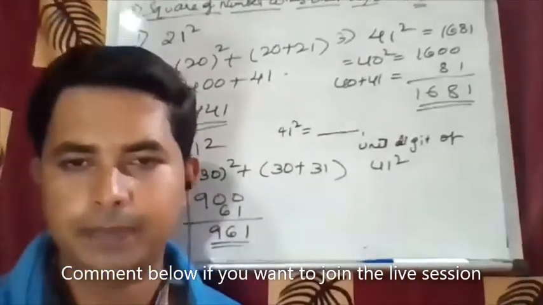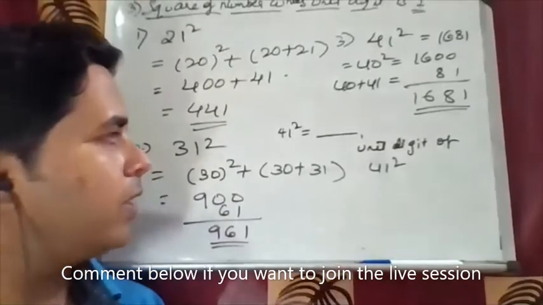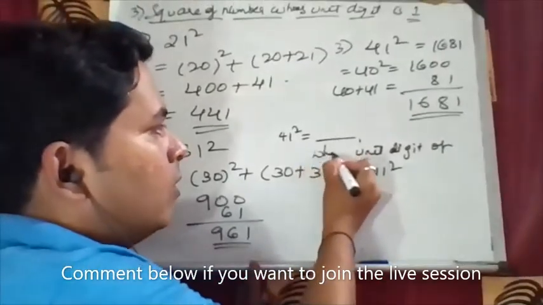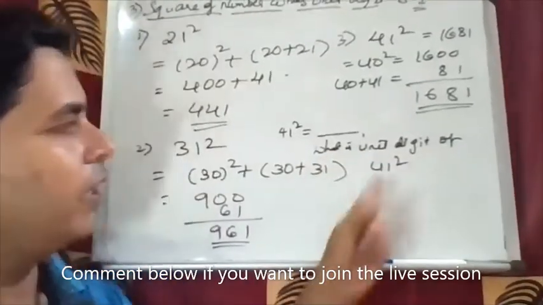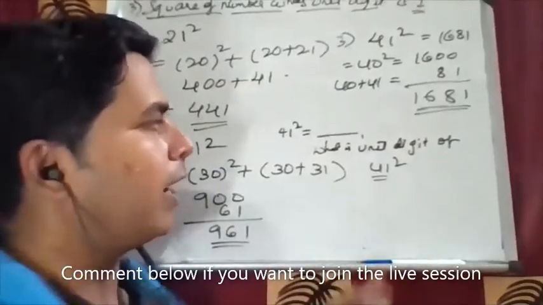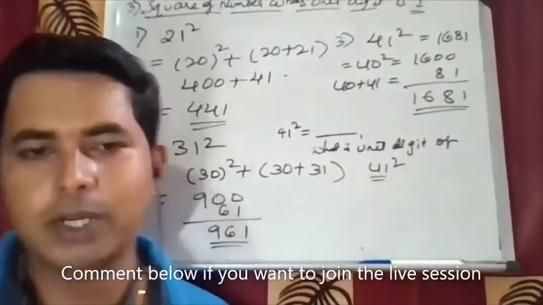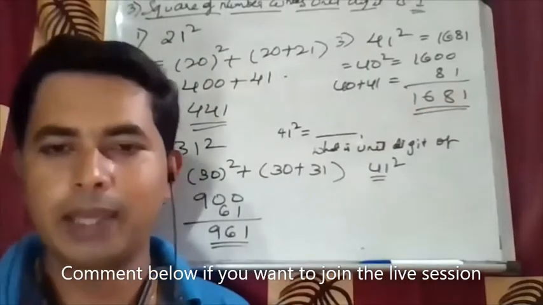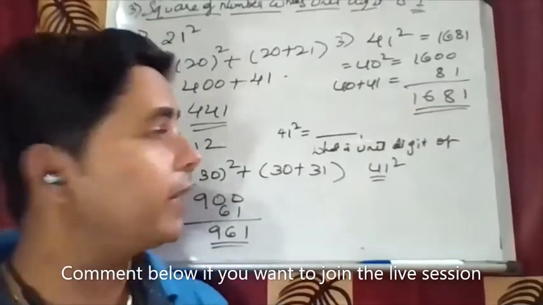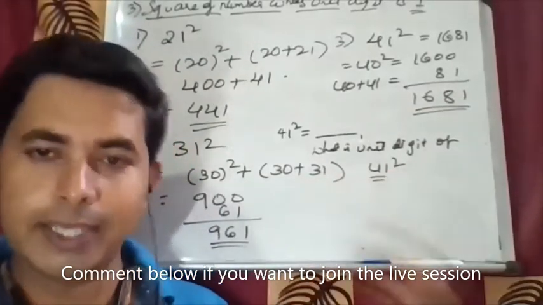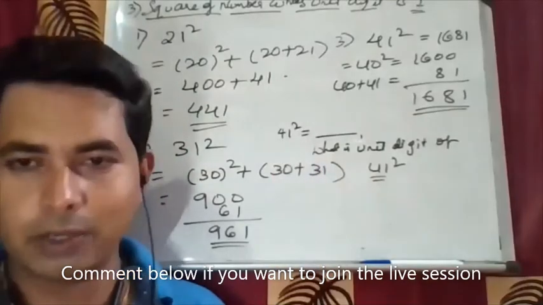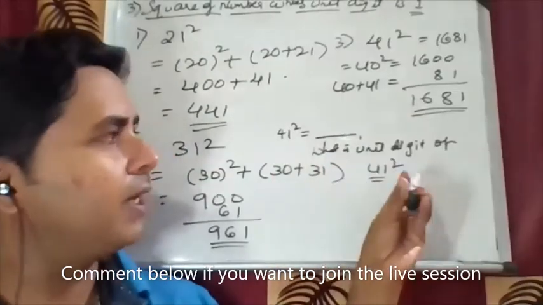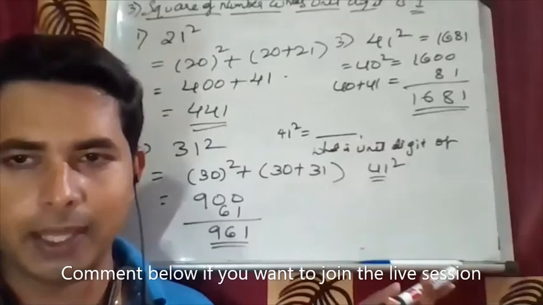They'll ask a question like, what is the unit digit of 41 square? I know its unit digit is 1, so the unit digit of its square will also be 1. Don't get confused, the unit digit remains the same. If you are finding 41 square, the unit digit of the answer also remains 1.